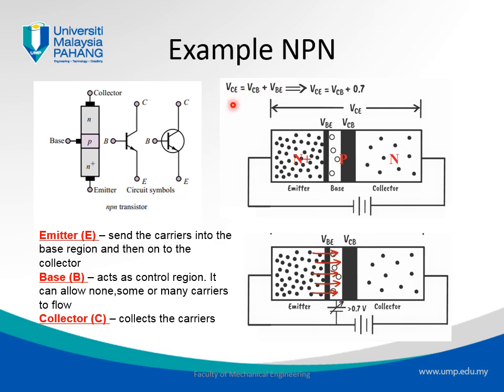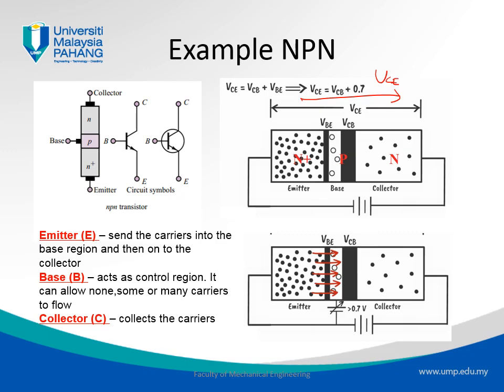So let's see VCE. If I can draw using a pen here, to show the direction of the voltage, VCE is the voltage from E to C, so VCE is in this direction.